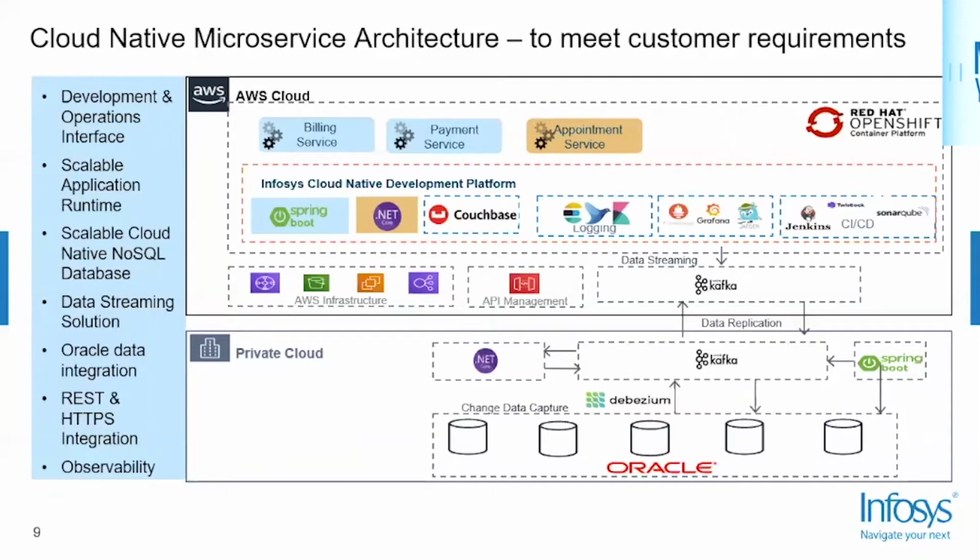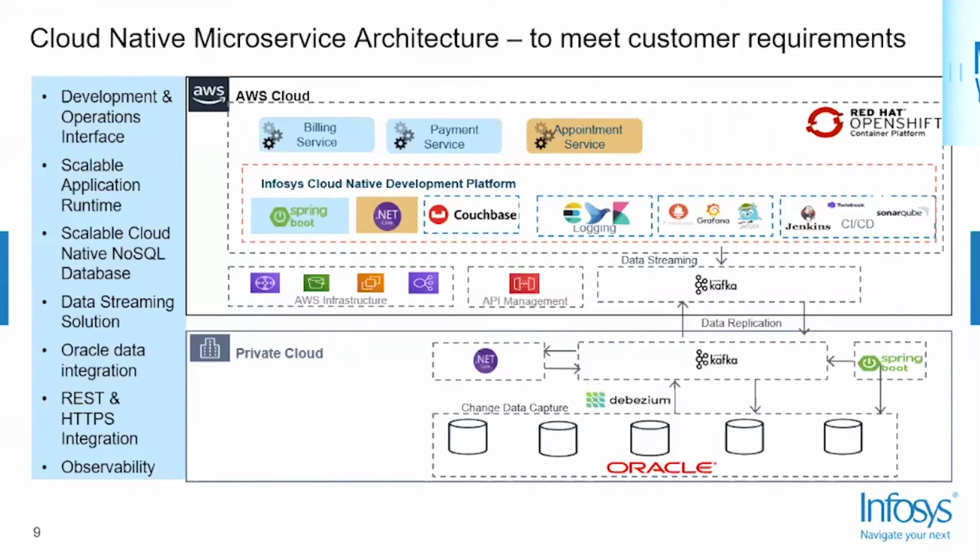If you look a little closer at the public cloud aspect, you can see the Infosys cloud native platform, which is the platform that we are talking about, added on top of the OpenShift platform to provide seamless support to design and develop end-to-end solutions, including Spring Boot based microservices development or .NET Core development.